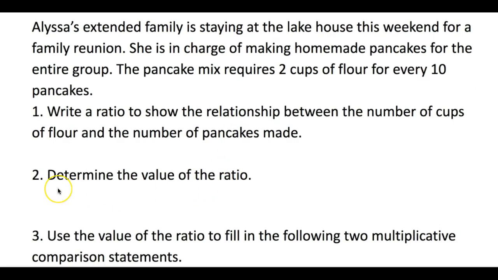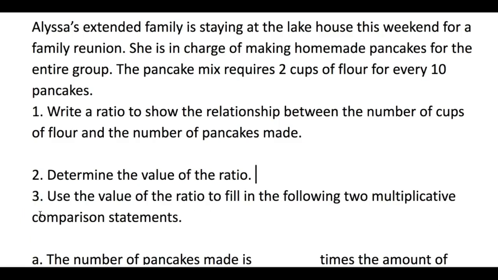Number 2 says, determine the value of the ratio. Number 3 says, use the value of the ratio that you just determined to fill in the following 2 multiplicative comparison statements. Remember, don't let that fool you. That just means you're going to see an "of" in the statements.